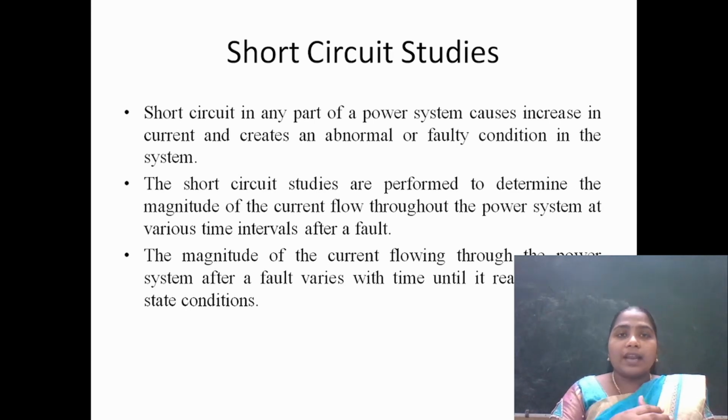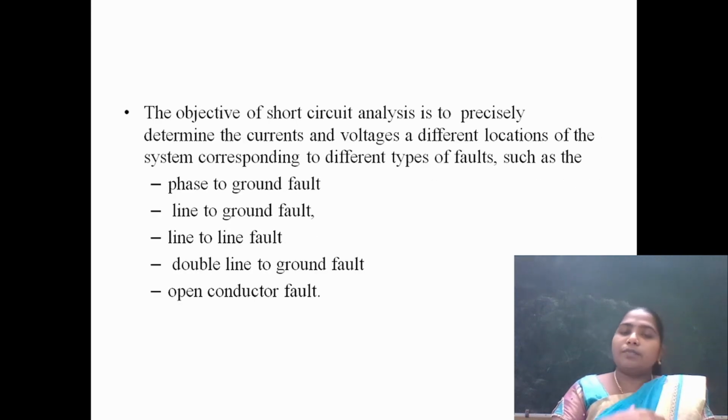This can be analyzed using pre-fault voltage as well as post-fault voltages. The magnitude of current flowing through the power system after a fault varies with time until it reaches the steady state condition. The main objective of the short circuit analysis is to determine the current as well as voltage levels at different locations with different types of fault.